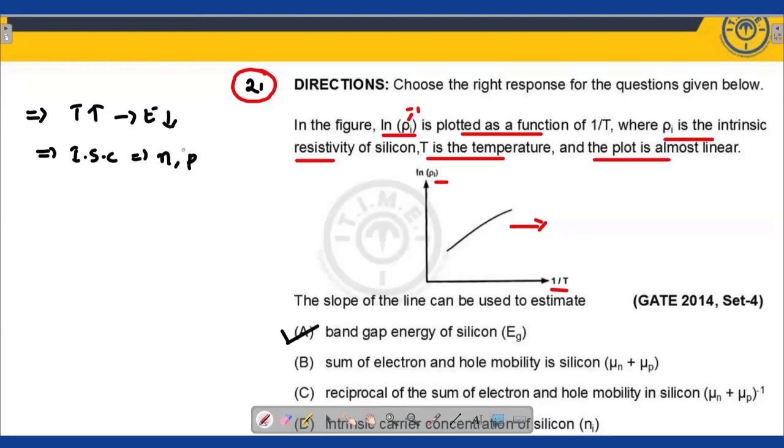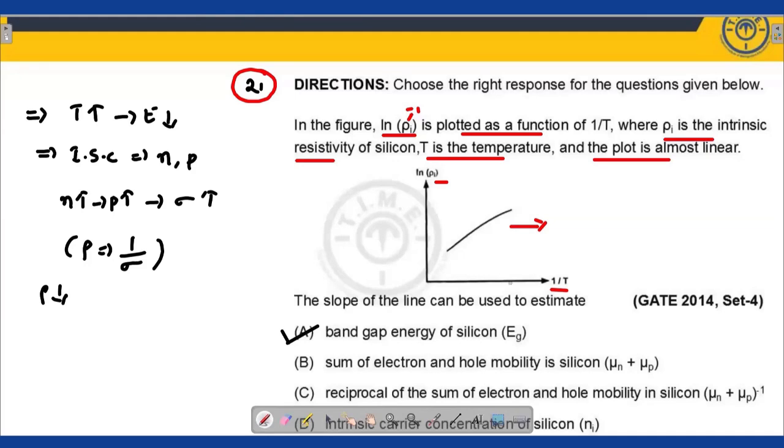Here, in an intrinsic semiconductor, as the N and P concentrations increase, automatically the conductivity also increases. When the conductivity is increasing, it means the resistivity decreases. The resistivity decreases.